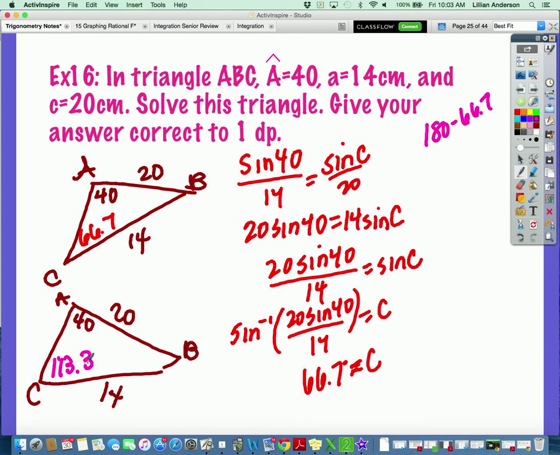You always check for this. And then you want to see if you actually end up with an angle B, a new angle B.